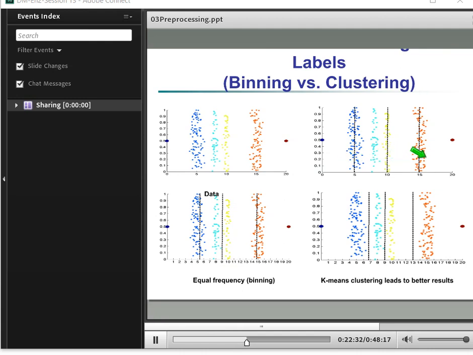The data range between 0 and 20, and we are looking for 4 different bins. So simply we divide 20 by 4 and the result is 5. You can see here we have 4 different bins with equal width.